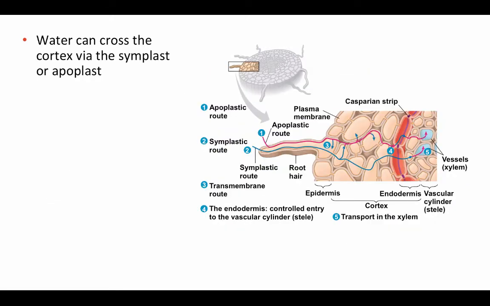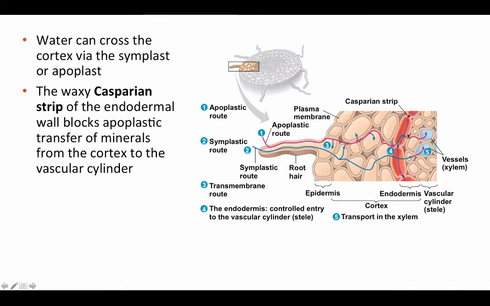If you remember from the last web lecture, those symplastic and apoplastic pathways through all of these layers of cells, water can cross the cortex via either the symplast or the apoplast. If you follow these lines, the pink lines indicate the apoplastic route going around the cells through the cell walls and through the intercellular spaces. The symplastic route is going to enter the cell and travel within the cells through the plasmodesmata.